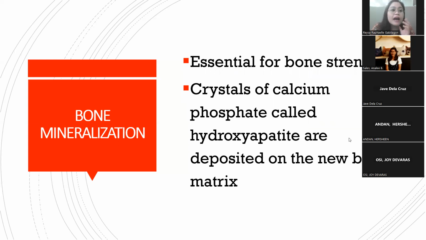We need calcium. Actually, to be exact, that is calcium phosphate. And we call that common name for our calcium phosphate, which is found in our bones, and not actually with our bones only, but also our teeth. We have the hydroxyapatite. Okay, yan yung nade-deposit in the new bone matrix. Okay, in the process of osteogenesis or ossification.